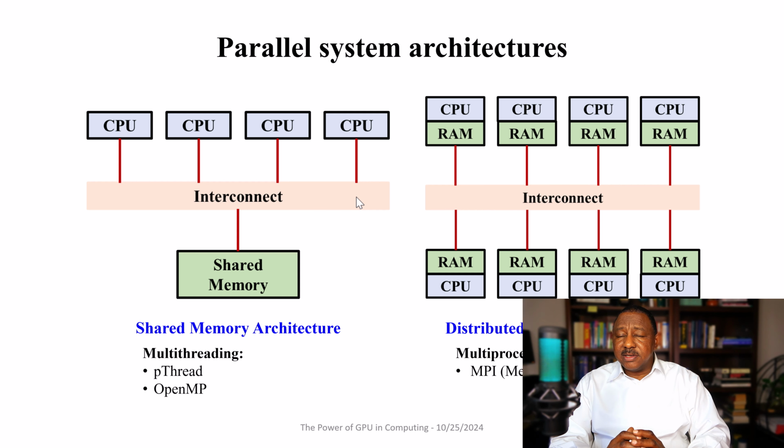In shared memory architecture, we have several CPUs, but all the CPUs share a common memory. And here we are using specific programs, like pthreads. Pthreads is a library used under C++ and Fortran, and it is built into the operating system, so it can be used in any programming language, but most of the time it is used with Python and C++.